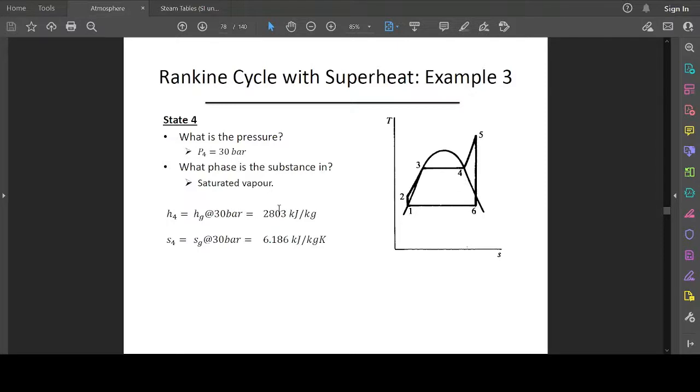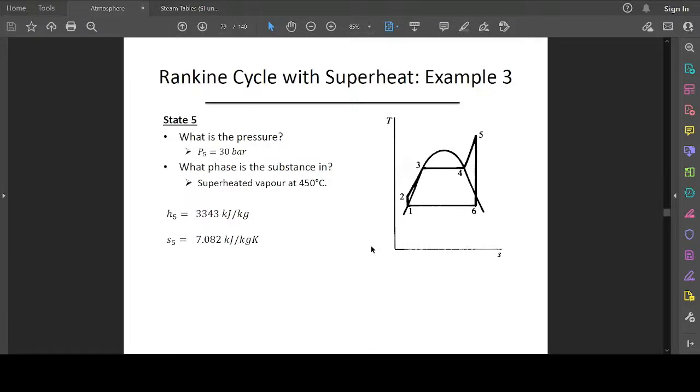We do a similar thing. We know that the saturated liquid leaving the boiler is totally converted to saturated vapor at stage 4. So we go to the pressure of 30 bar and find the corresponding values for entropy and enthalpy.